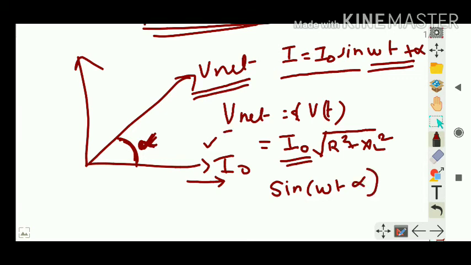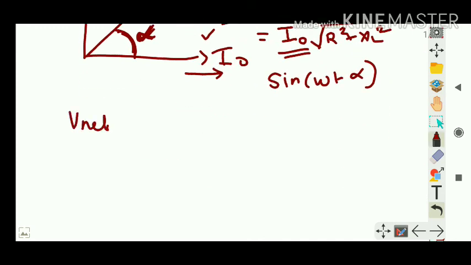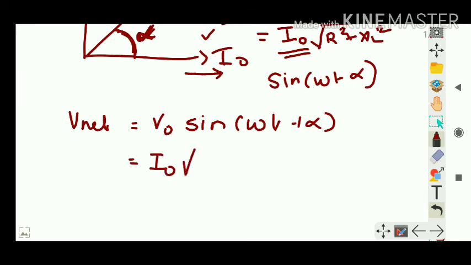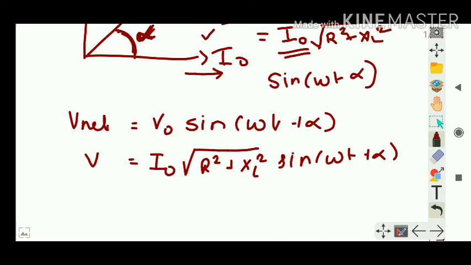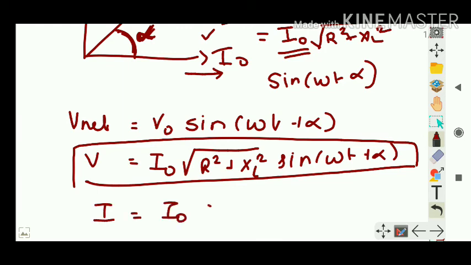That is V net, net voltage, is equal to V0, if you want, you can write like this, sine omega t plus alpha, and this V naught is I naught into root of R square plus XL square, sine omega t plus alpha. This is the voltage of an LR circuit. What was current? I is equal to I naught sine omega t.